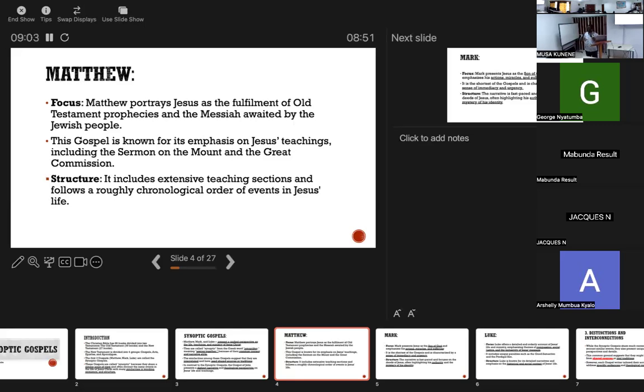That is why when you read Matthew, you will often find him making quotes from the Old Testament, and he will almost often use the words "so that it may be fulfilled that," and then he will take a scripture or a quote from the Old Testament.